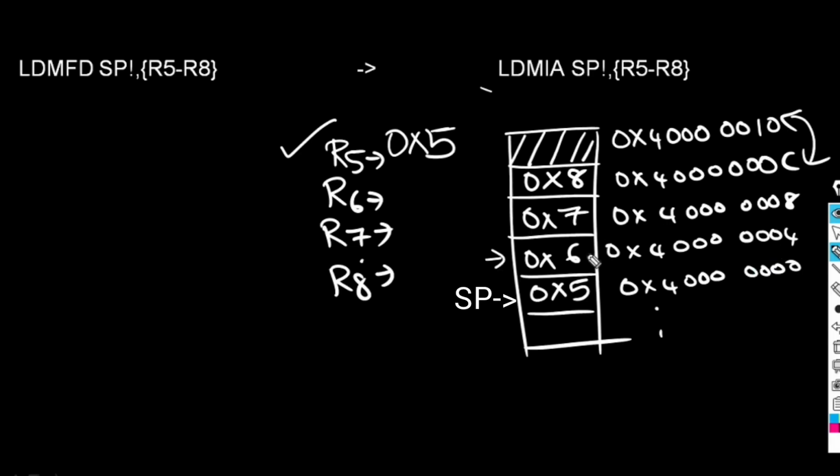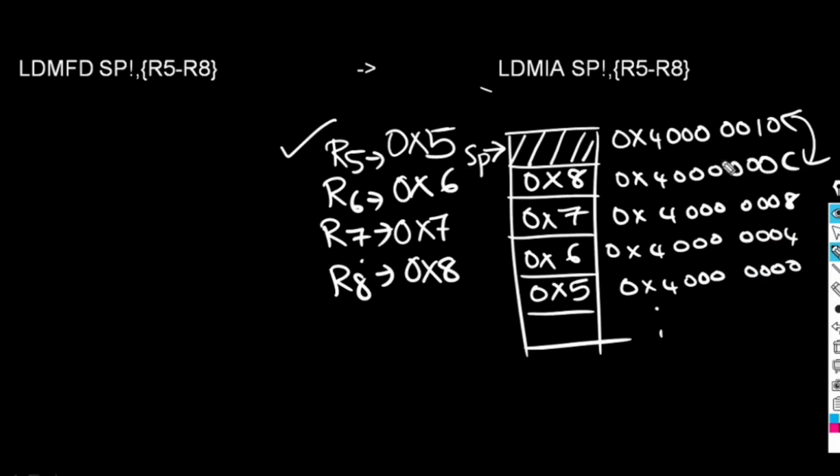What value is it? 6, so that will be placed here. Then I want to point at the next location, and that value will be placed here. Then I increment to the next location, and that value comes here. But it is increment after, so where should the pointer point? It should point at the next higher memory location, that is here.